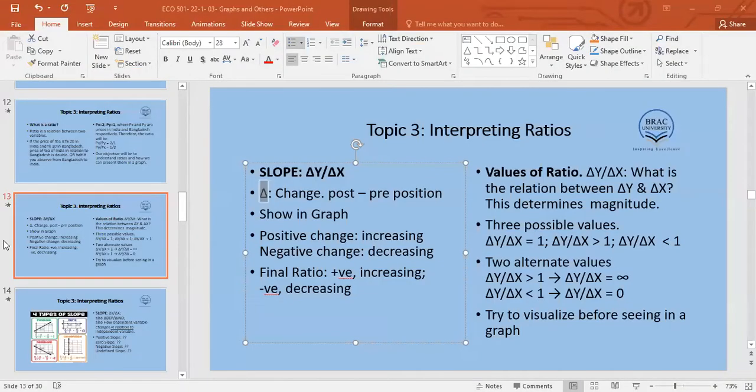Best way to understand a change is to generalize it by post minus pre. ঠিক আছে? এই যে post minus pre, and a positive change, we define a positive change as increasing and a negative change as decreasing.